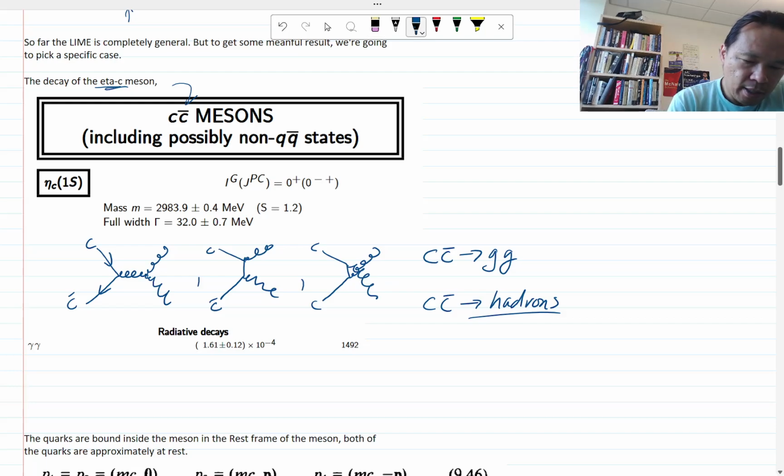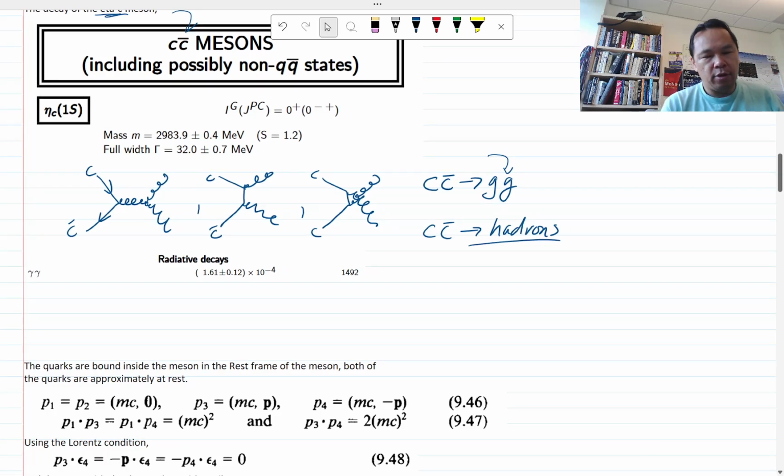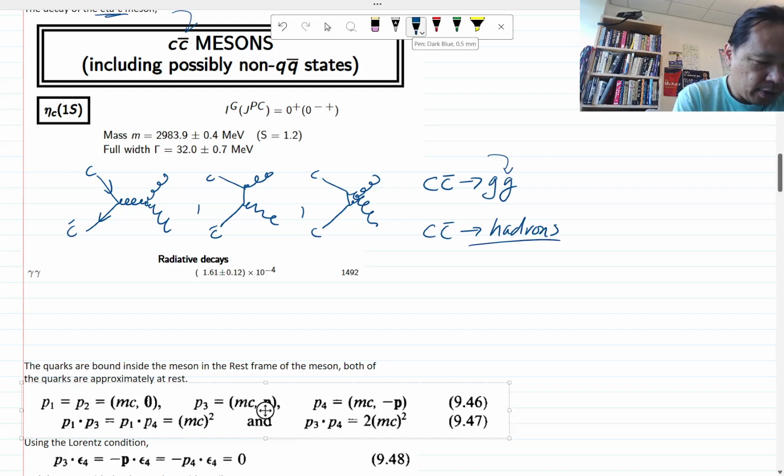Okay, but the calculations we're going to do is with the glue, or at least the ratio we're going to get. Another way for the charmonium to decay is also with the same type of channels here.